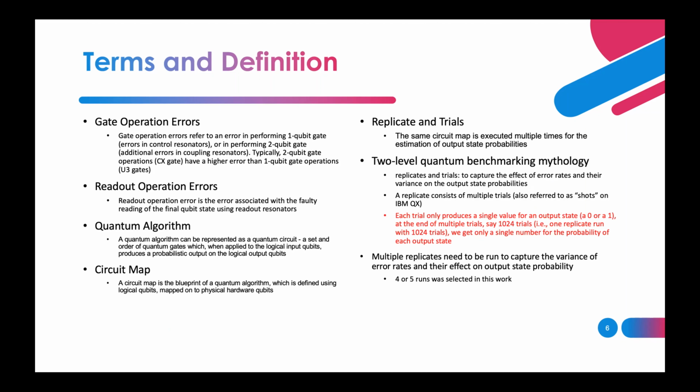You repeat your experiment many times, and then you combine the results and come up with a number, the summation of all of those trials that you've done. There are shots or replicas provided by IBM or other companies inside the quantum CPU, to have multiple runs internally.